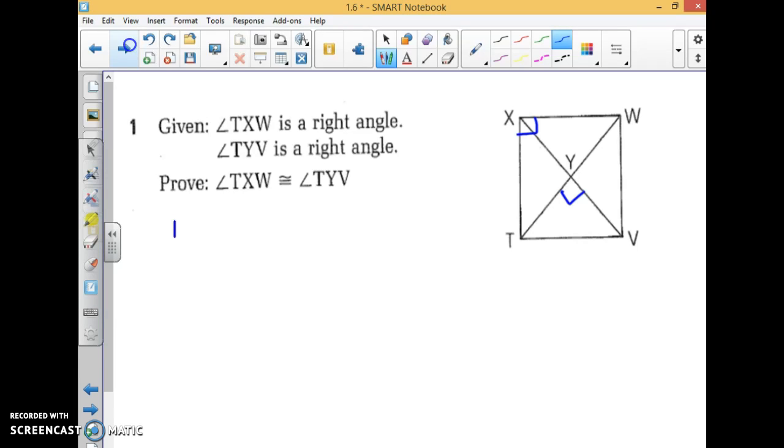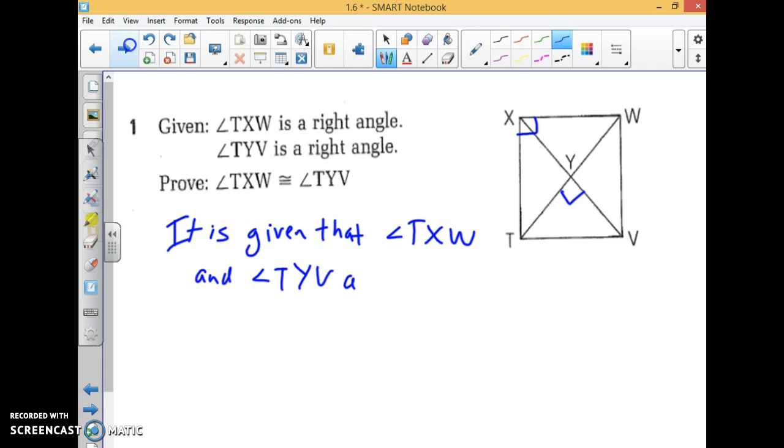You can start off by saying what is given to us. So it is given that angle TXW and angle TYV are both right angles.